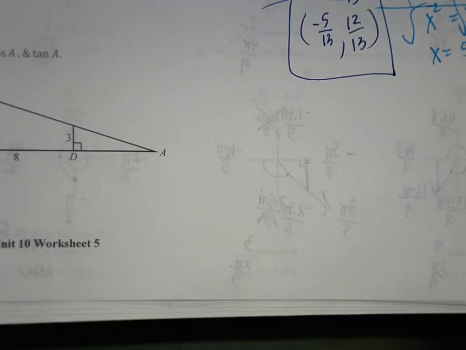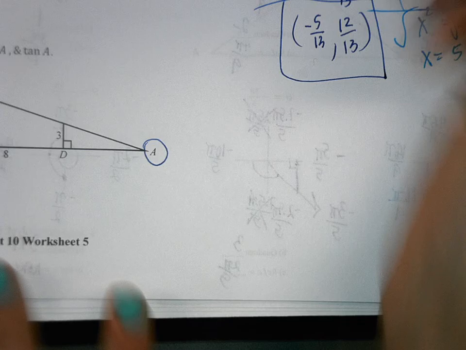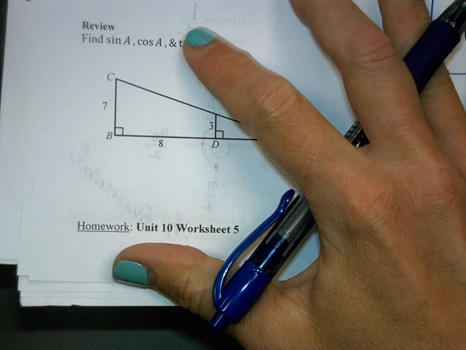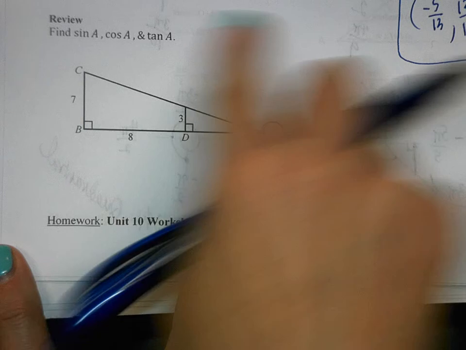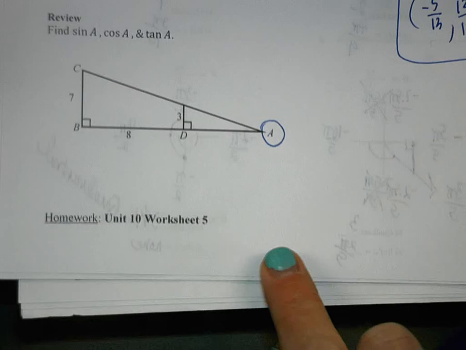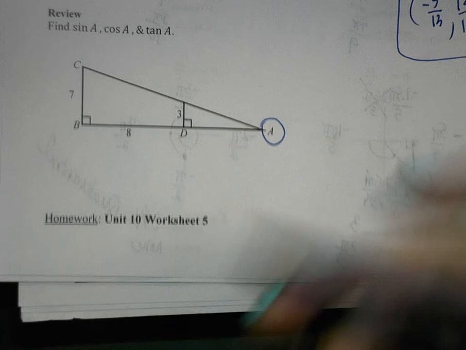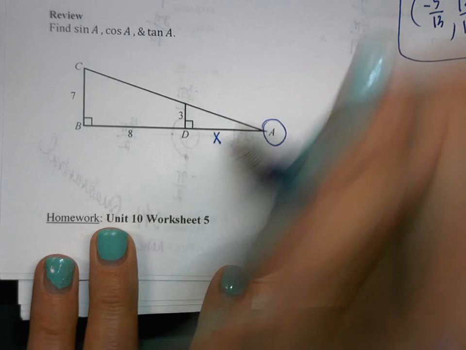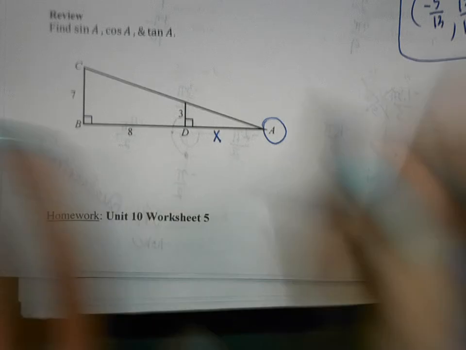Here's angle A. They're asking us to find the sine, cosine, and tangent. In order to do that, though, we need to know this whole triangle. What I notice here right now is that I could set up a proportion in order to figure out how much this is. So we're going to do the big triangle. See how you have the big triangle here?